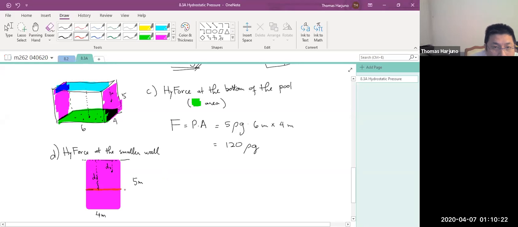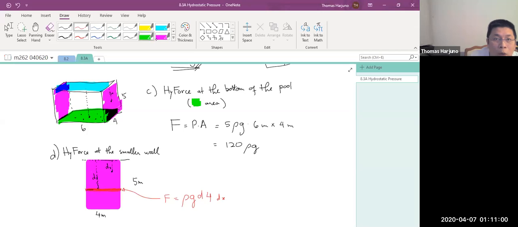Okay, so let me pick that up from here. The force here is equal to rho g times D times 4 dx, where the dx is basically the small thickness of that strip of water there.